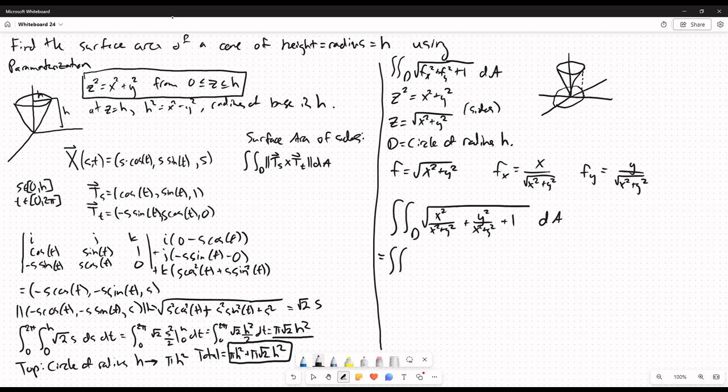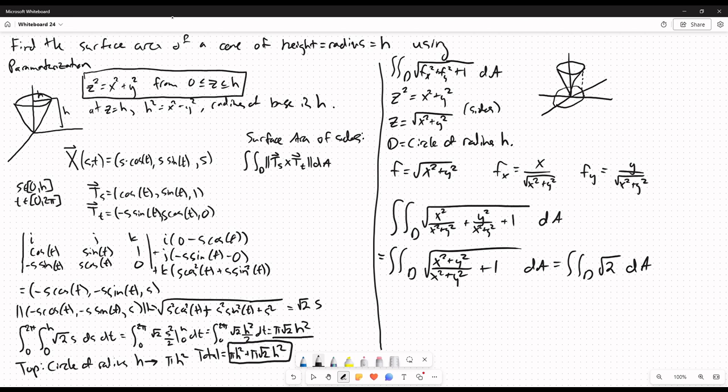Once I actually simplify that, this is going to be x squared plus y squared over x squared plus y squared plus 1 dA. That's nice. That's just going to be square root of 2 dA. That's 1, we add them together, we get 2.